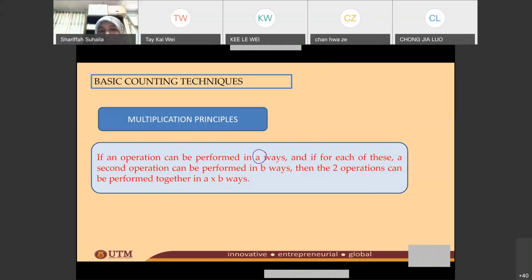That is your multiplication principle, basic counting.